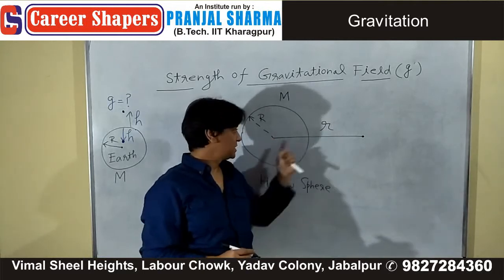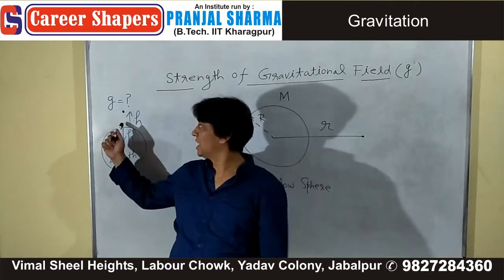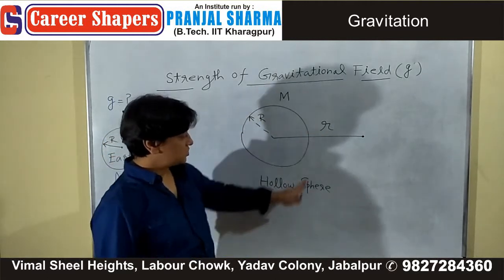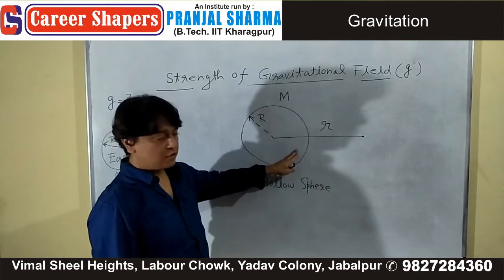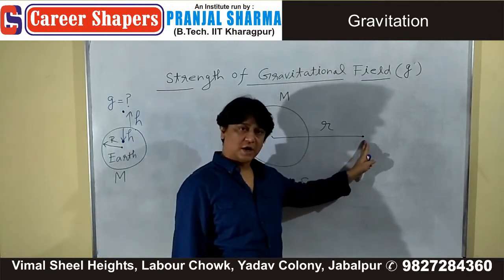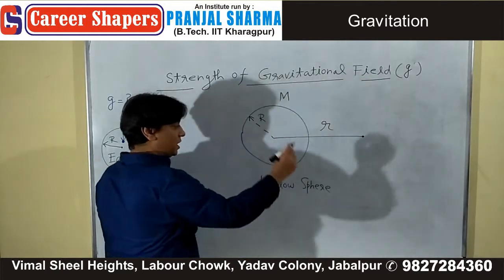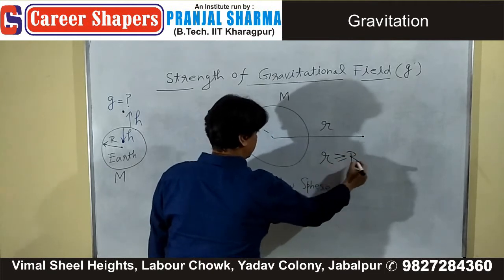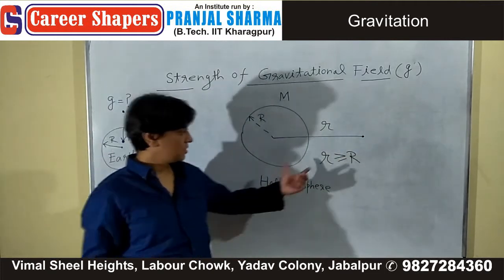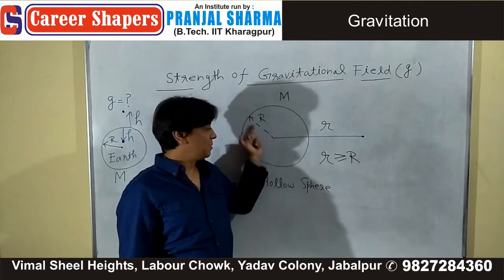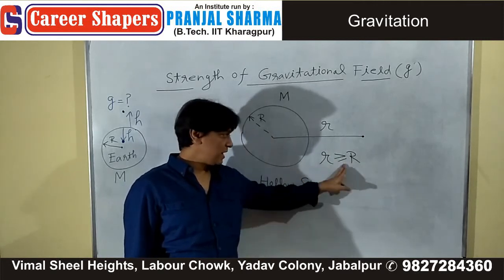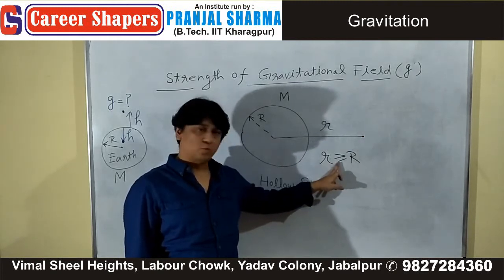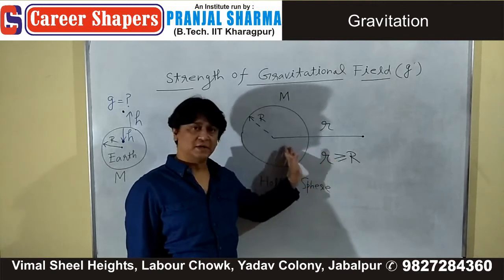Remember, this r is taken from the center, but h is being taken from the surface. For a hollow sphere, if you need gravitational field outside, how do you define outside? Outside is defined this way: r is greater than or equal to capital R. What is capital R? Radius. When you say r is greater than or equal to capital R, that means equal means on the surface, greater means outside.